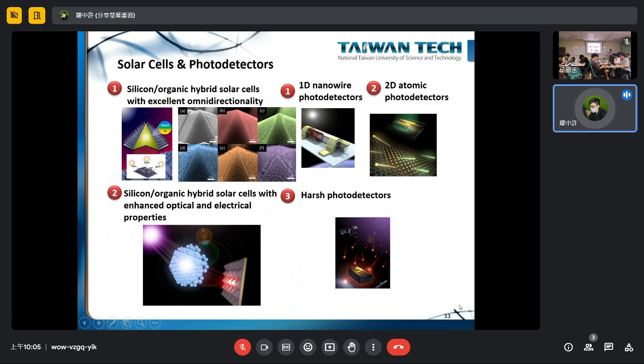For example, if you put your device into outer space, there is a large amount of particle radiation. If this is a space station here, there is a lot of radiation, so you need to make your device more robust.